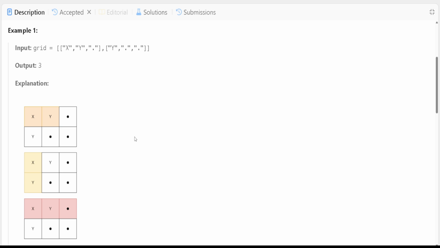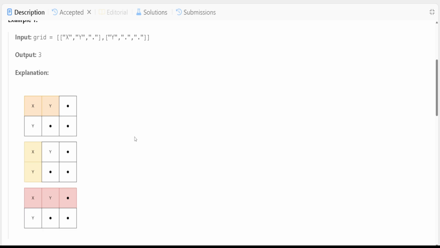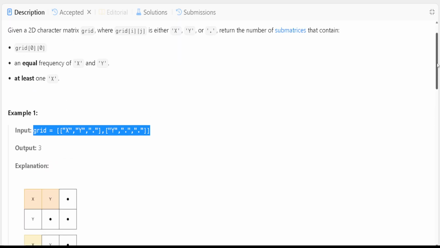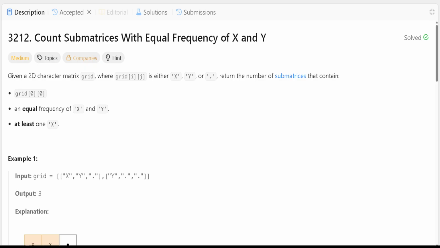Very first, what have you been given? Let me show you the example first. We are given a matrix grid where grid at i and j, a cell, contains either x, y, or a dot.